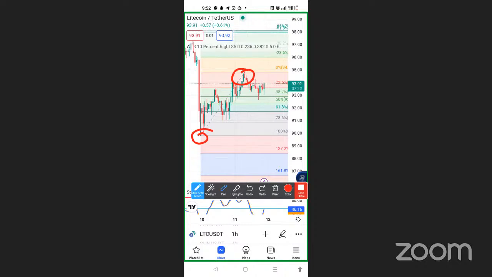Right. So when you see 100 is down and 0 is on top, understand that this is an uptrend. Let me make this clear.